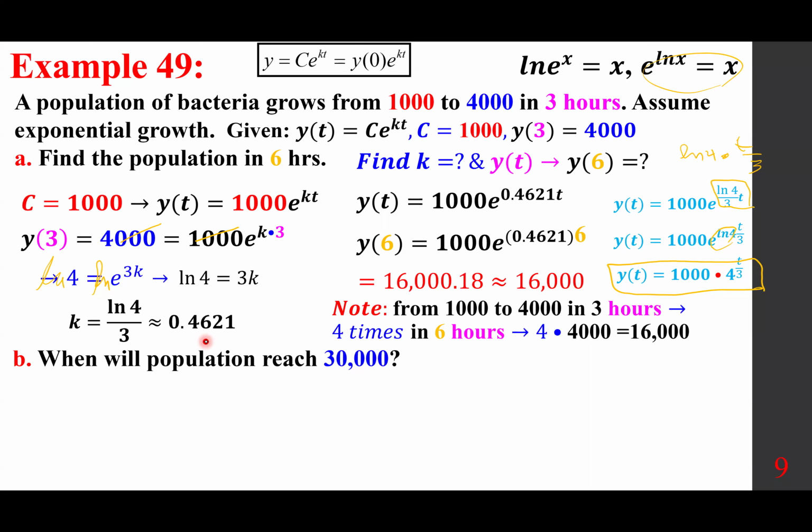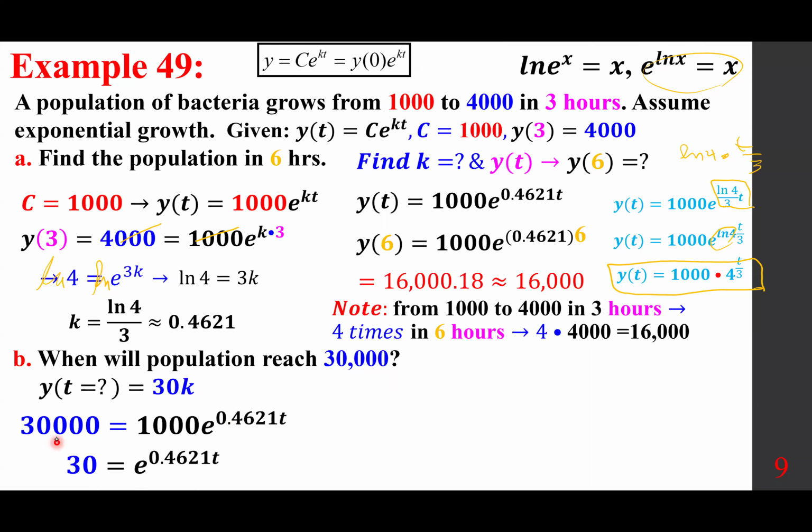When will the population reach this number? Well, we're going to write y of t equals 30,000. And you really can go with any of them. Okay, for example, if you go with this one, obviously we start dropping the 1000 as this becomes 30. In other words, divide by 1000.